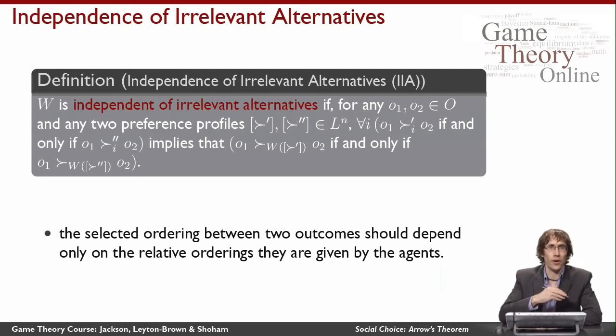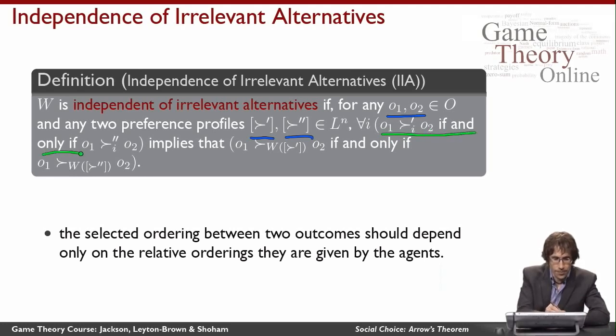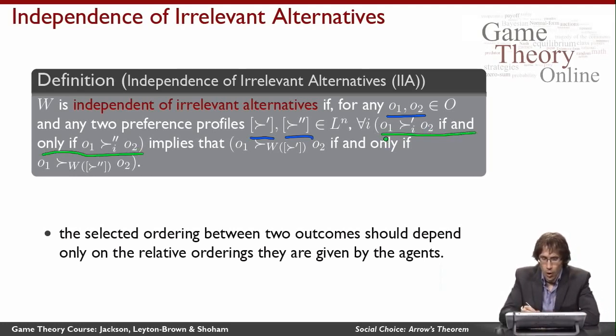We'll say that a social welfare function W is independent of irrelevant alternatives if for any pair of outcomes O1 and O2 and any pair of preference profiles, I'll call them pref prime and pref double prime, the following condition is true. So let's look at what this condition here says. This says O1 is preferred by agent i in pref prime to O2 if and only if O1 is preferred by agent i in pref double prime to O2.